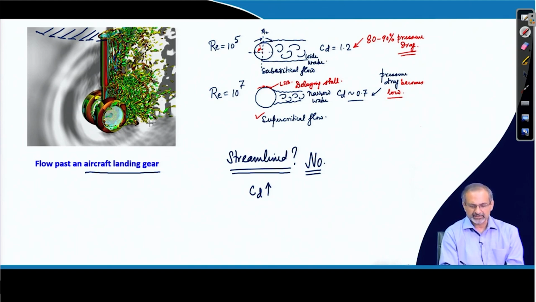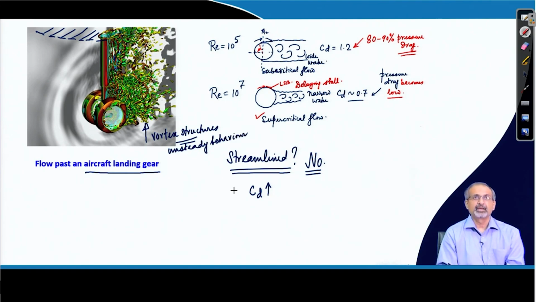And then what you see over here are vortex structures which have a lot of unsteady behavior, and they seem to be creating a lot of disturbances in the wake of the landing gear.